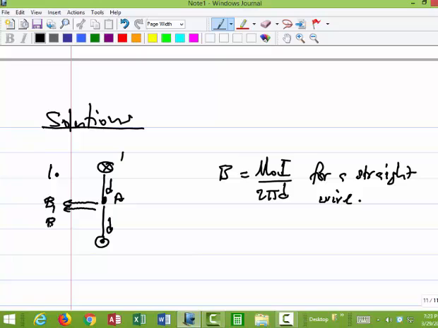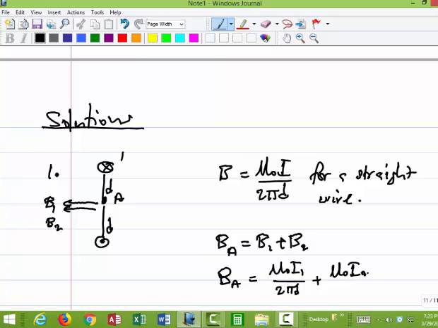So the net magnetic field B at the point A is just equal to B1 plus B2. So the magnetic field at the point A can be written as mu naught I1 over 2 pi D plus mu naught I2 over 2 pi D.